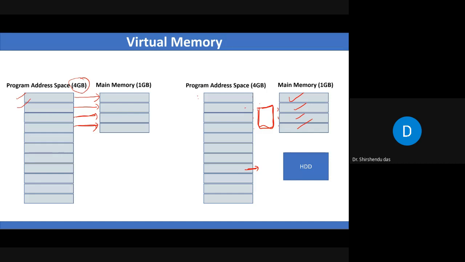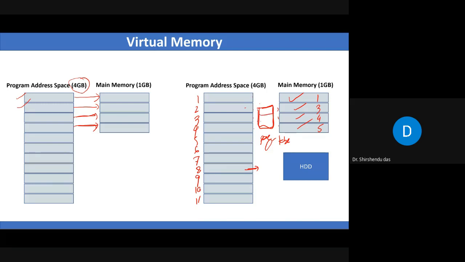Suppose the pages are numbered 1 2 3 4 5 6 7 8 9 10 11, and assume that the pages in main memory are 1 3 4 5. Now I want to fetch page 8. First I'll go to the page table and check if 8 is already there or not. If 8 is not in main memory, then I have to fetch 8. But where to fetch? This is already full.